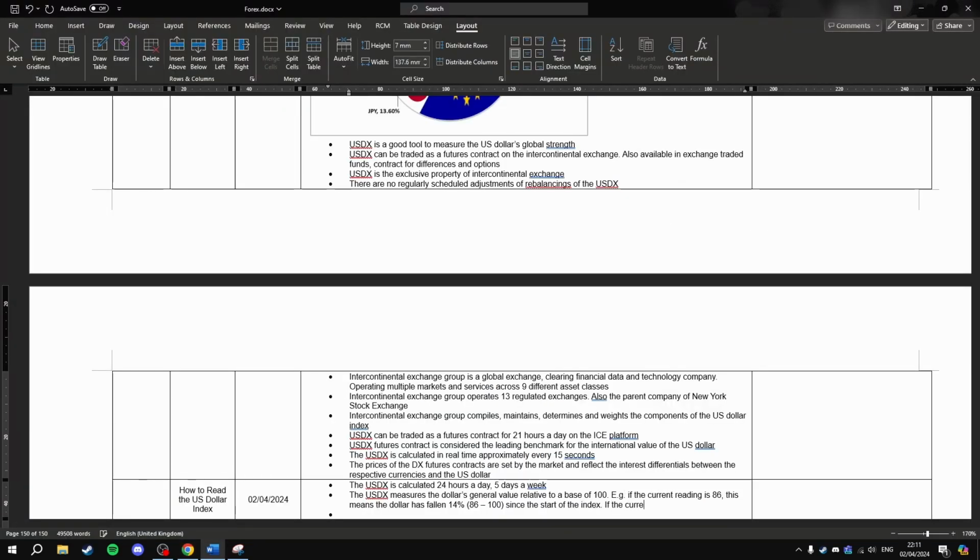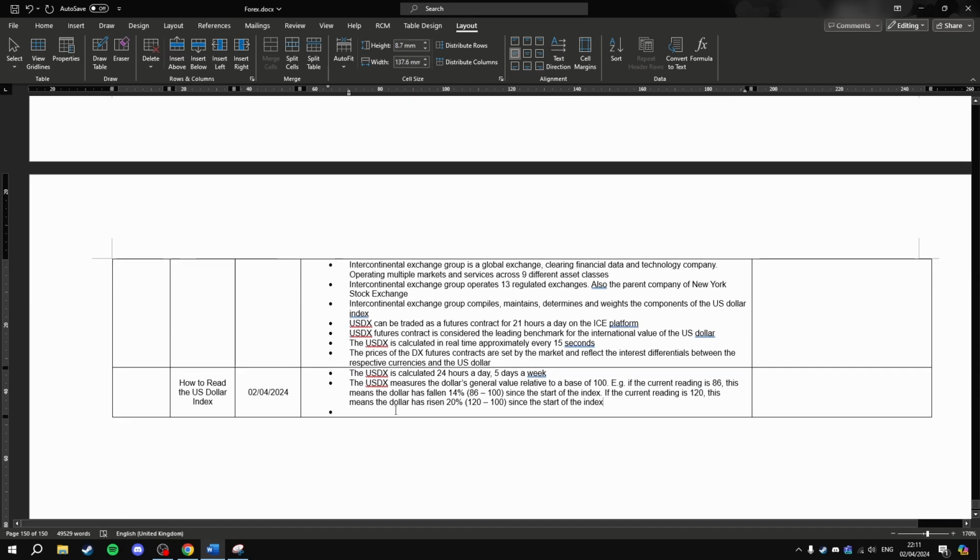If the current reading is 120, this means the dollar has risen 20%, because it's 120 minus 100, since the start of the index.